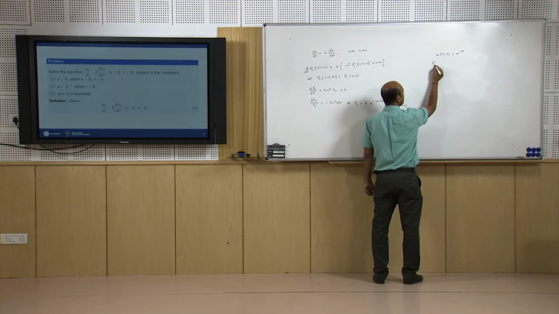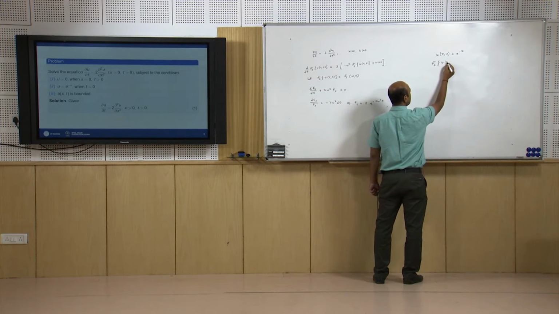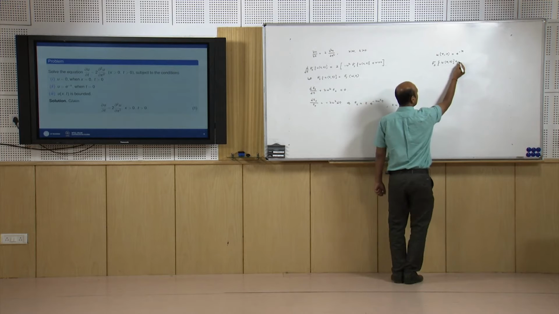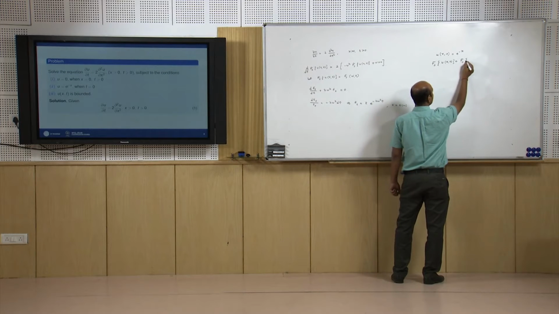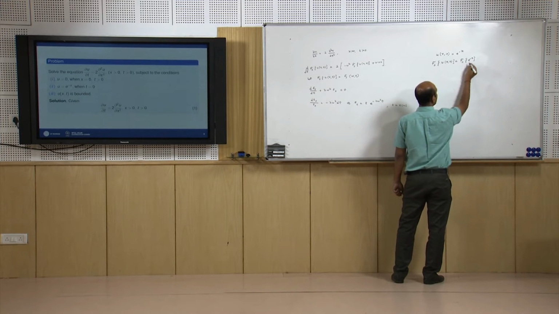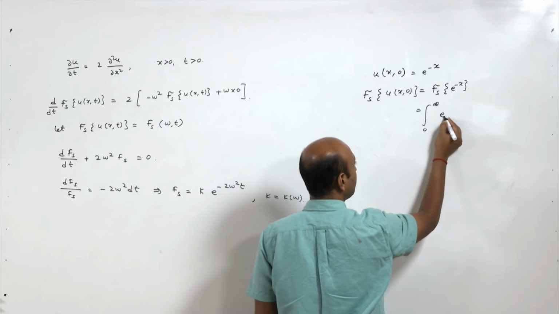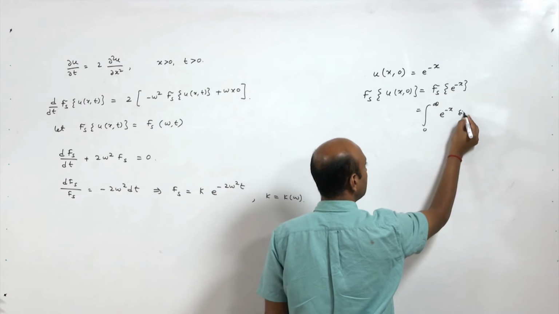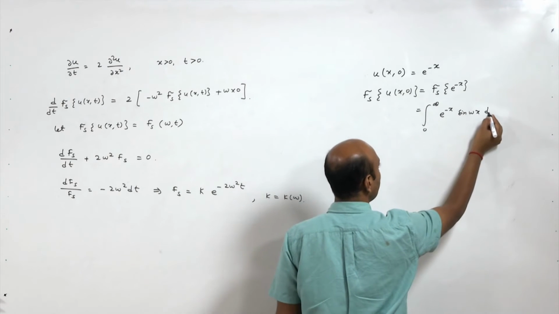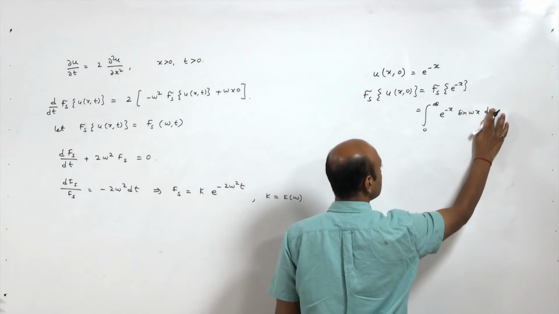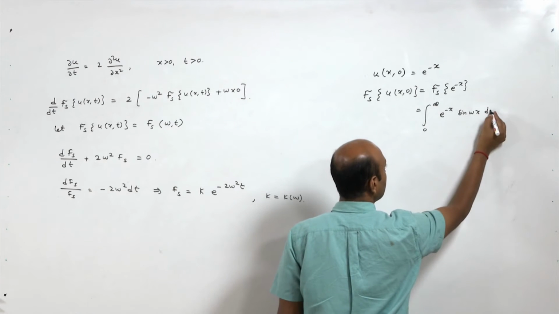So, the Fourier sine transform of this expression will be nothing but the Fourier sine transform of e to the power minus x, which is the integral from 0 to infinity of e to the power minus x sine omega x dx.